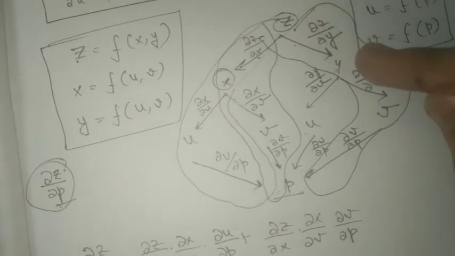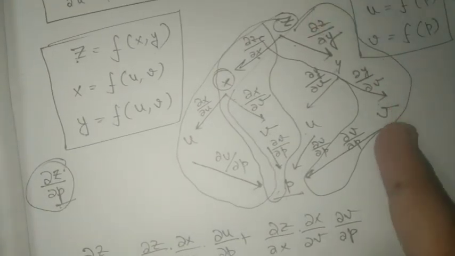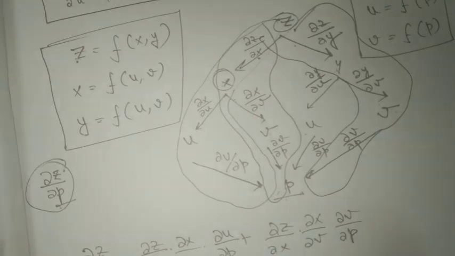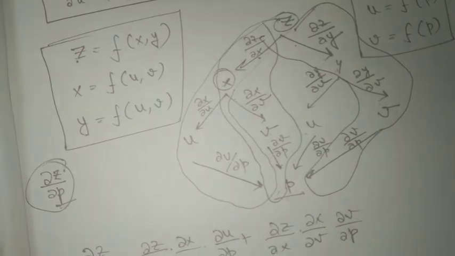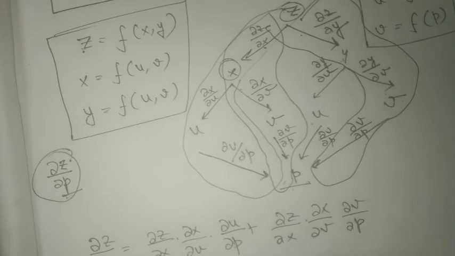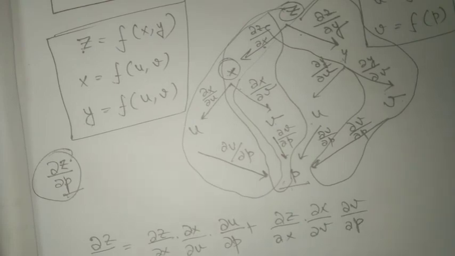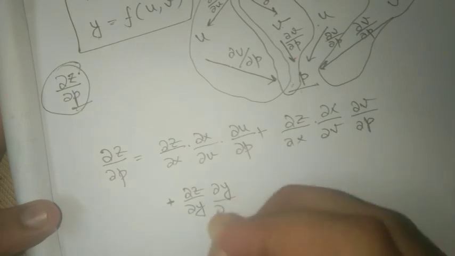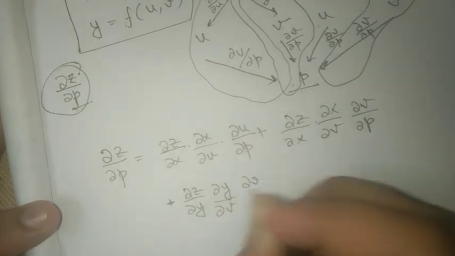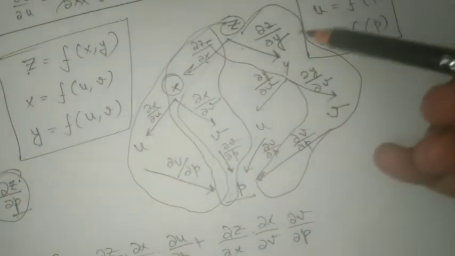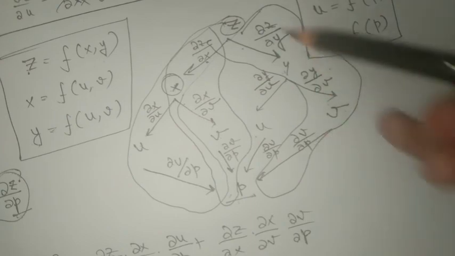It is in your notebook, so pause the video to write it by yourself and check whether it's correct or not. It is del z del y, del y del v, del v del p. Just this line I am writing. Yes, correct.